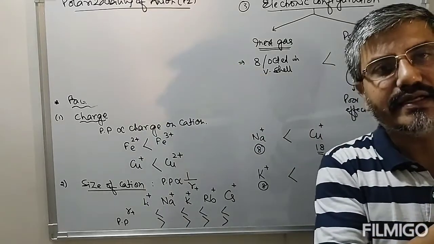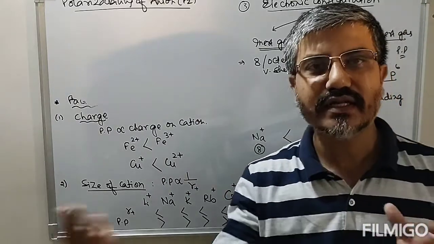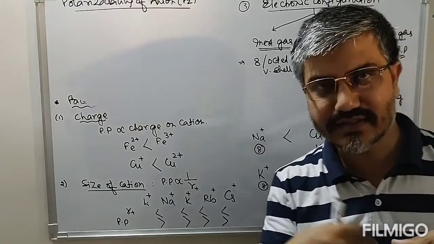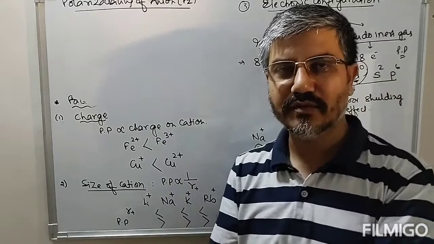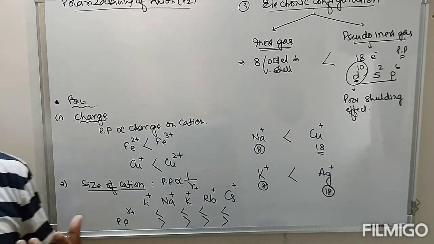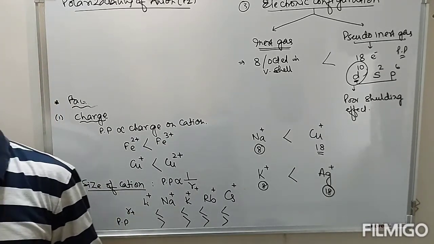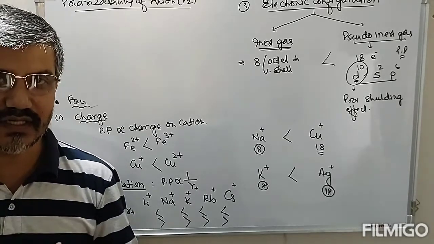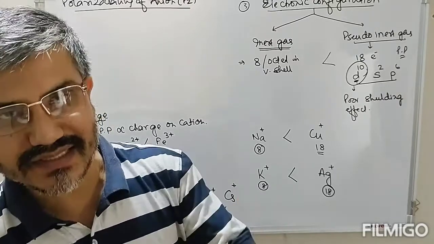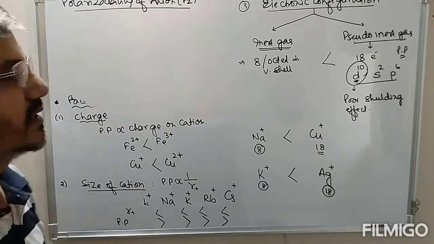Now the anion is letting its electronic field be disturbed by the cations. How much the anion allows its electronic field to be disturbed by the cation is known as the polarizability of the anion. So the polarizability of the anion is the ease with which its electronic field can be disturbed by the cation.